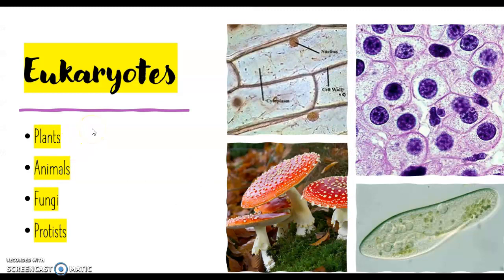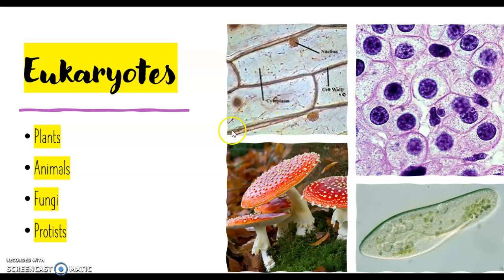So we have some examples of eukaryotic cells: plant cells, animal cells, fungi, and protists. So here we have the animal cell, because there's no cell wall in here. You can see the nucleus very easily. Let's look over here.